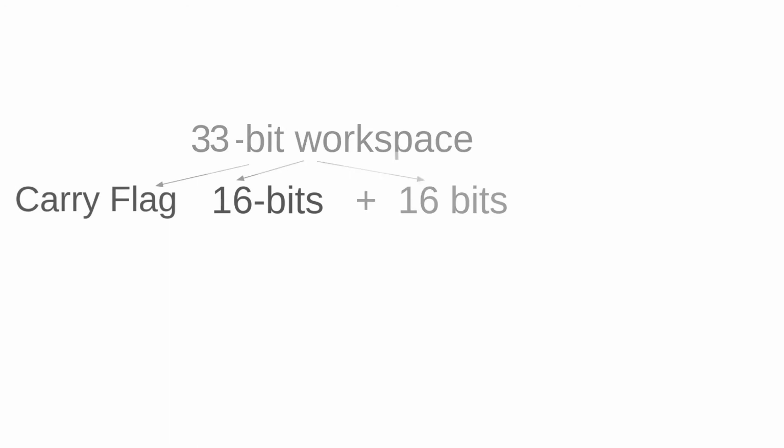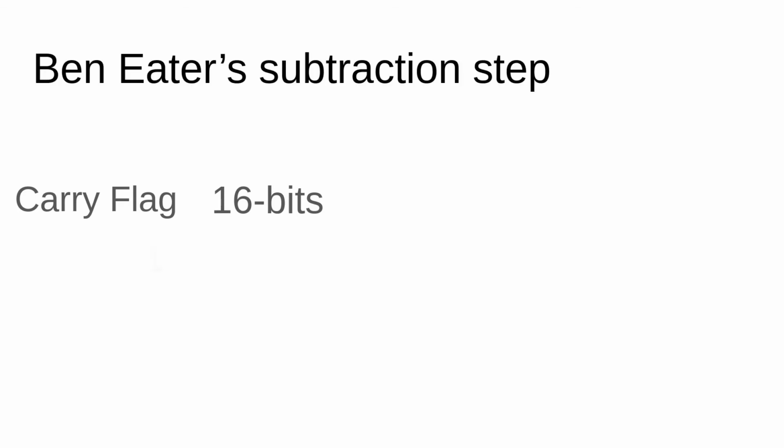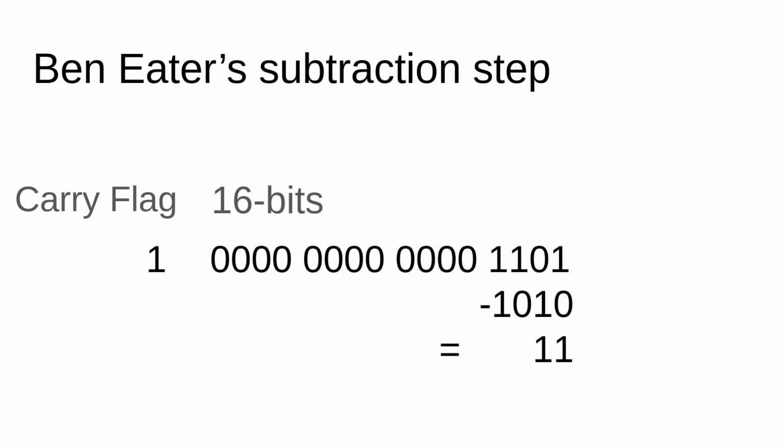This discussion of subtraction will focus on the right-hand 16 bits and the carry flag. In bin-eater's algorithm, the carry flag is set to 1 before subtraction, and is used as a bit to borrow from if it is needed.